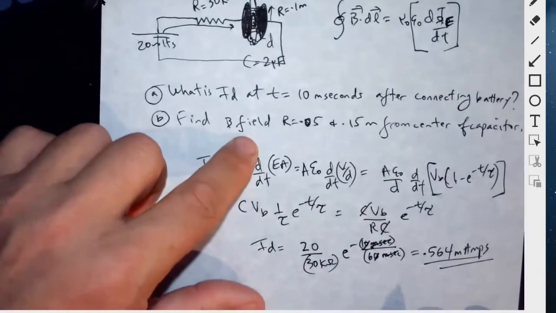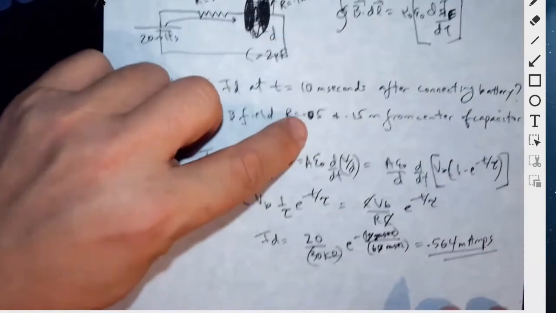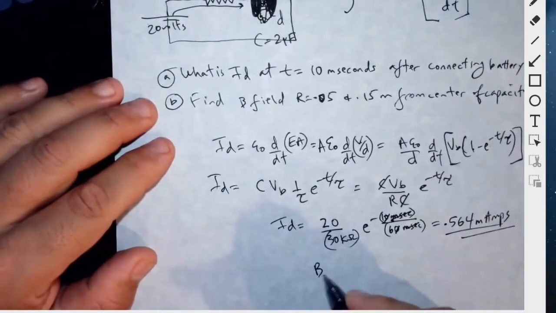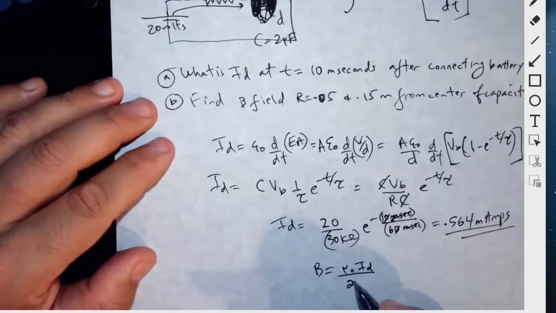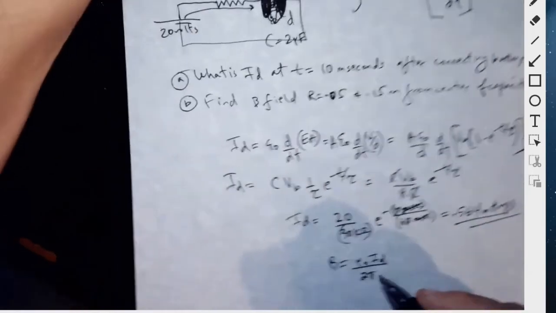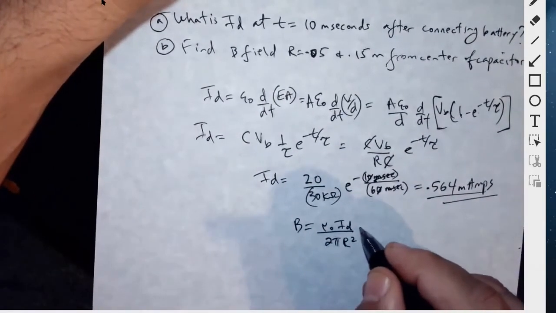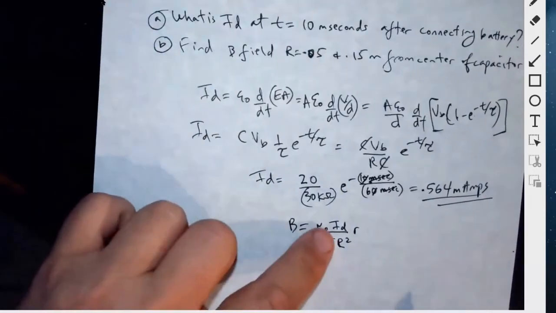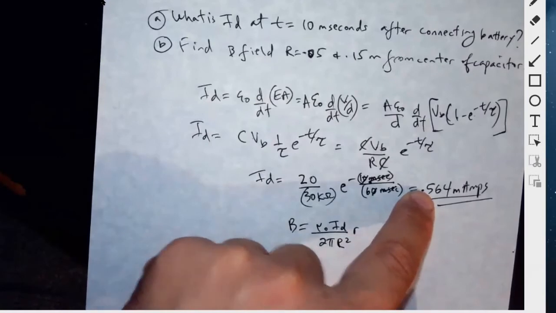Right, now if you want to find the B field inside of the capacitor at 0.05, then you use this equation again: mu0 I displacement over 2 pi R squared, times r. Now notice in this case, the displacement current came out to be a pretty big number.